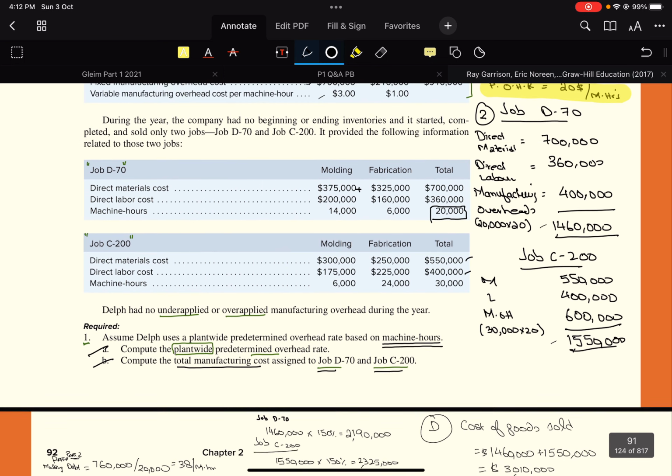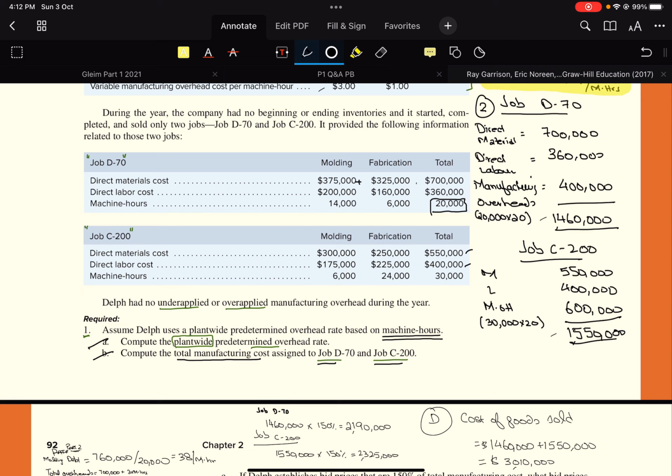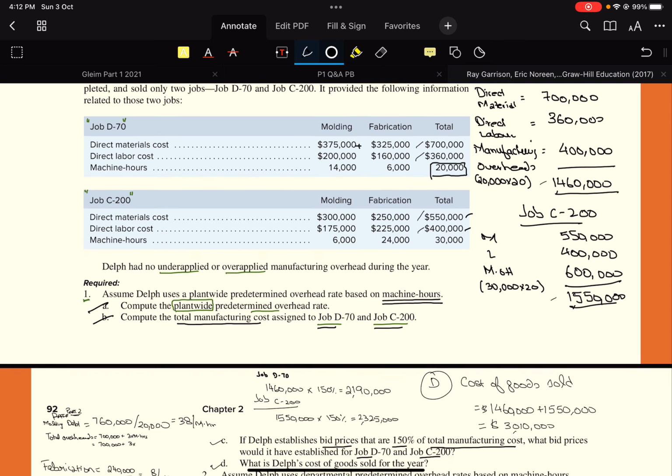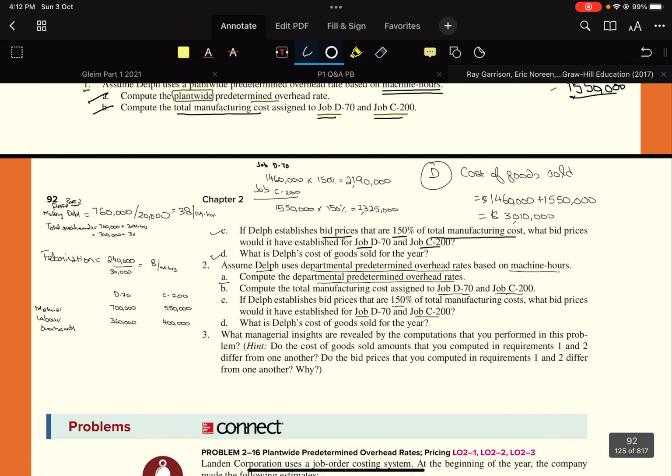So 700,000, 550, 400 and 360,000. 700 is your material, labor is 360 and 400. Overheads: now both have a different overhead rate.